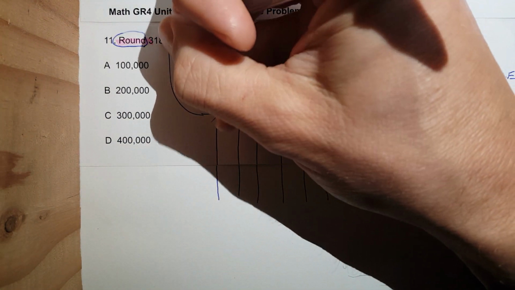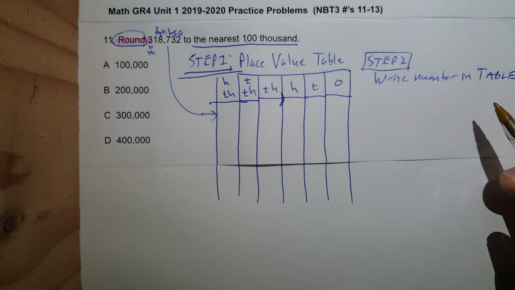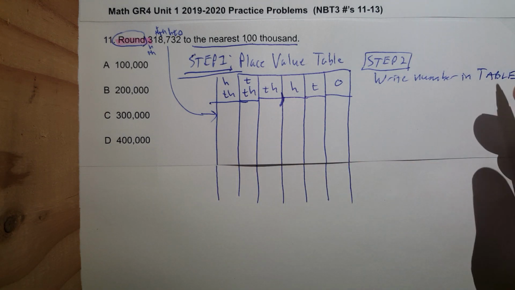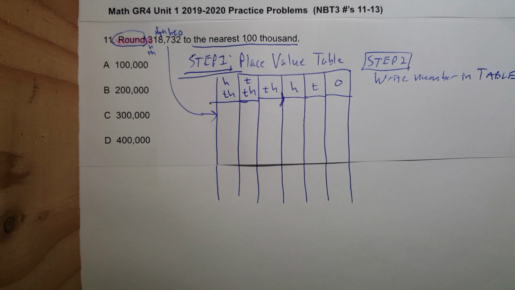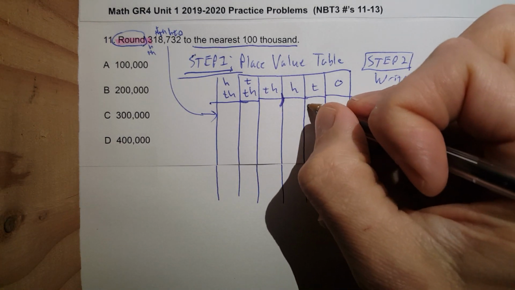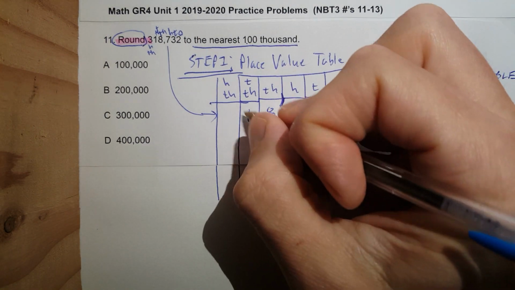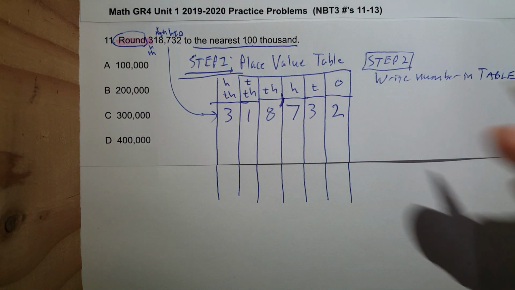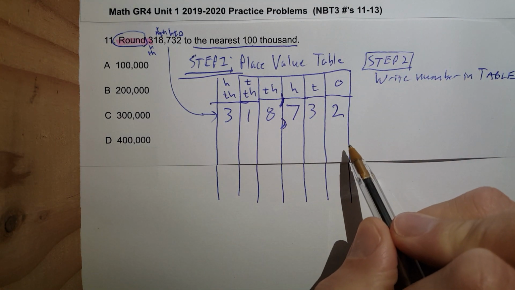Ones, tens, hundreds, thousands, 10,000s, 100,000s. Same thing, okay? When you're showing your work, though, please copy these notes for right now. When we do more practice problems and we do Google Meets online, you can just straight up do it like that. 2, 3, 7, 8, 1, 3. Don't forget that comma.